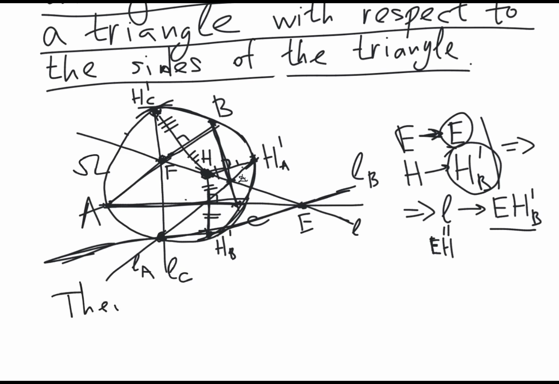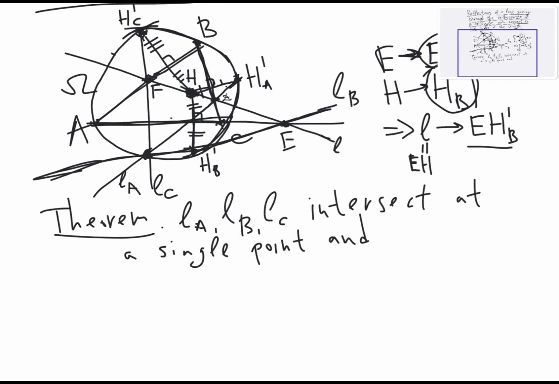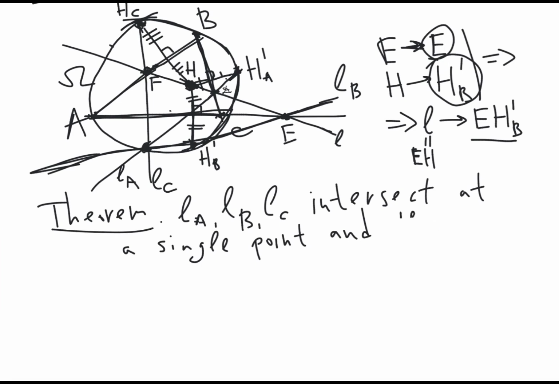So the theorem is that the lines LA, LB, and LC intersect at a single point which lies on omega, on the circumcircle of the triangle ABC.